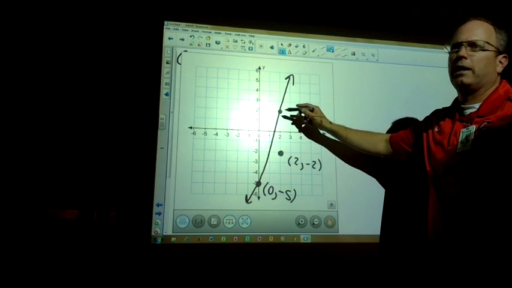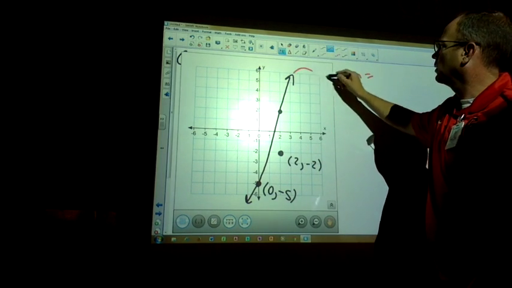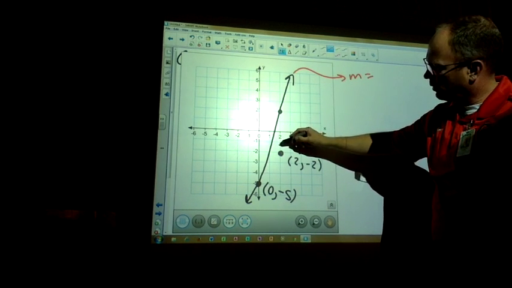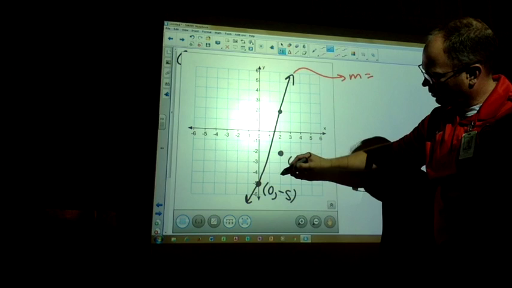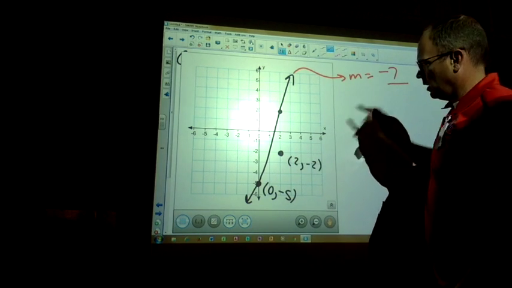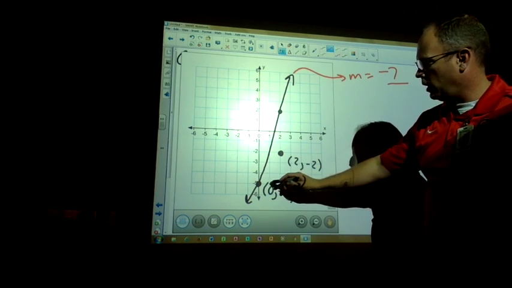Could I find the slope just by counting down and left? Can I find the slope? No, because there might be other points. 1, 2, 3, 4, 5, 6, 7. Down 7. Agree? But there might be other points though, in between.